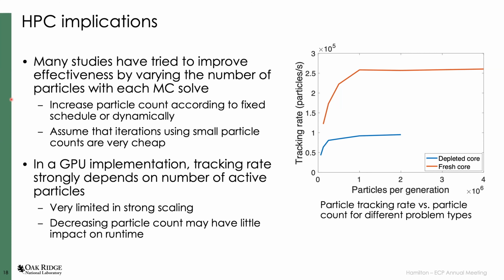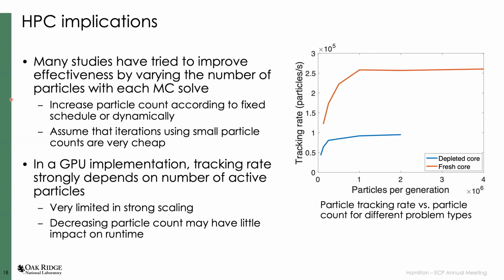And that kind of makes sense when you're running on a CPU, but that actually doesn't buy anything on the GPU. Our tracking rate depends very strongly on the number of particles that we have active at a particular point in time. And so that means if we run a calculation with a smaller number of particles for the first few iterations, we aren't actually reducing the runtime by the same factor that we would expect.